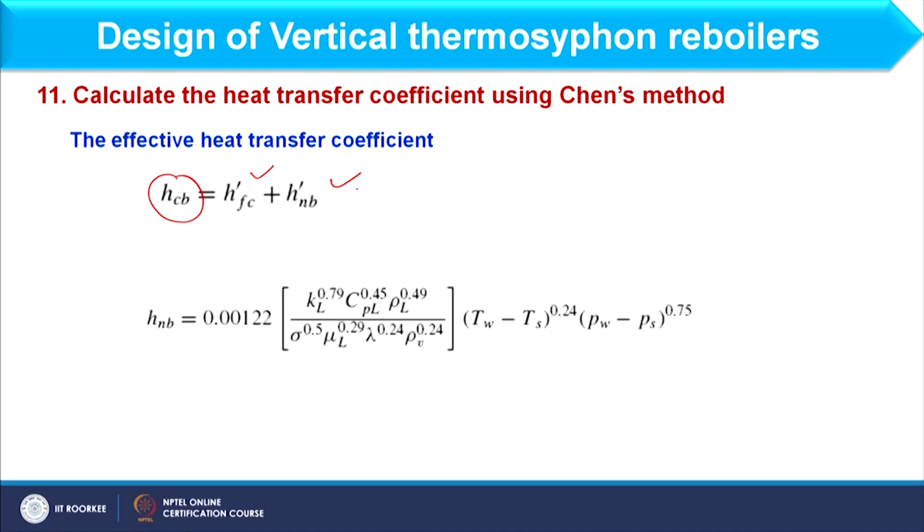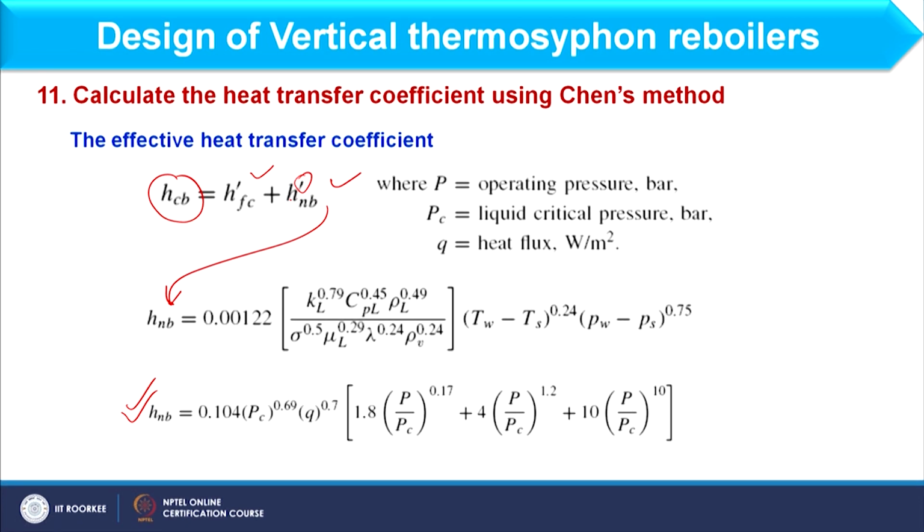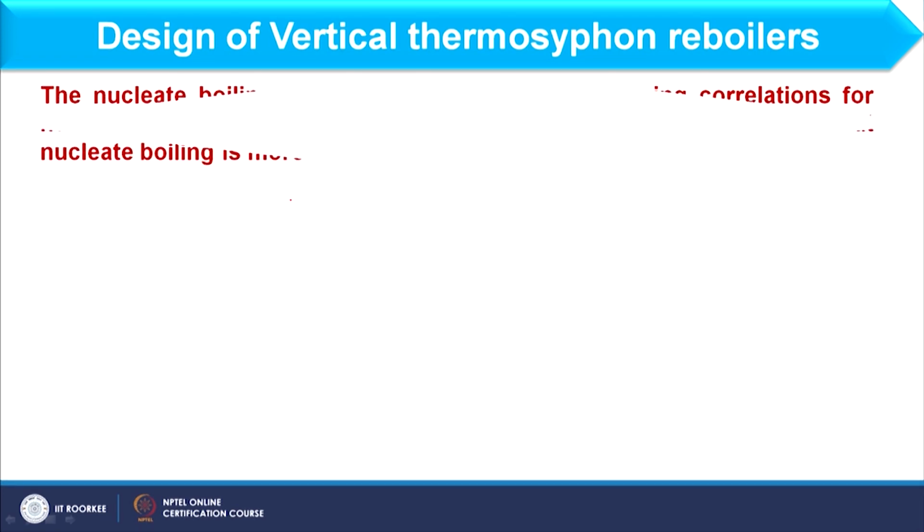So, the nucleate boiling coefficient HNB dash you can find either by this equation or by this equation, and here you see this is HNB, we have to consider HNB prime. How this prime will be considered, we will see.